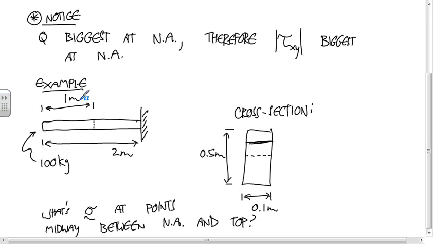All right, so what's the first thing we have to do? The first thing we have to do is calculate the internal loads at this location along the x-axis along the beam, right? That's going to give us the V and the M that we're going to use to calculate the stresses. So first we need to calculate the tension, the shear force, and the bending moment. We can see looking at it there's not going to be any tension, but so what does this look like?